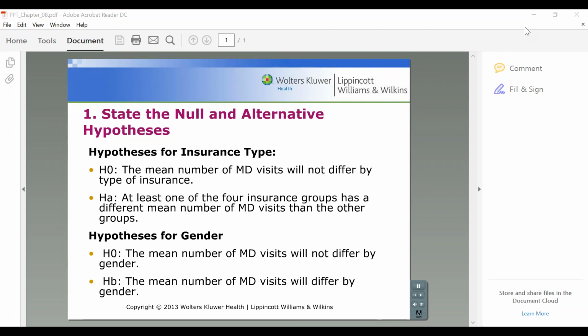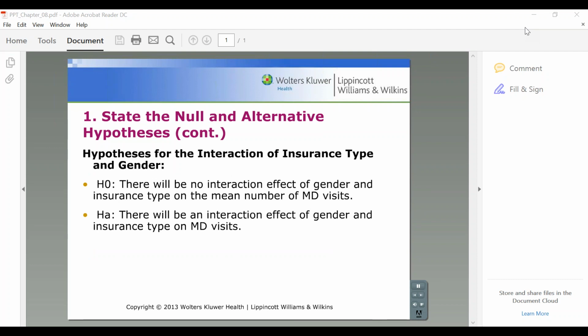And then for gender, our null would say that there's no difference whether you're male or female, it would be equal. However, alternatively, we would say the mean number of visits will differ by gender. So we run our statistical analysis to confirm or refute these hypotheses.